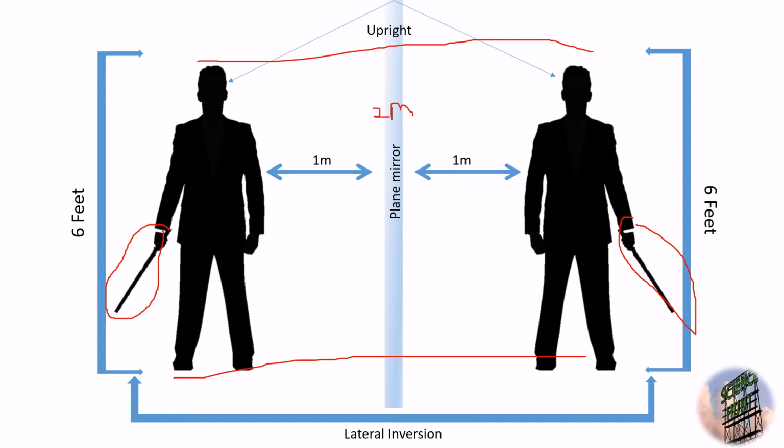We add 1 meter plus 1 meter. These are some properties of the plane mirror, and they are used in everyday life. Like on an ambulance, the word ambulance is written inverted so that the drivers of vehicles in front can see the inverted image correctly.